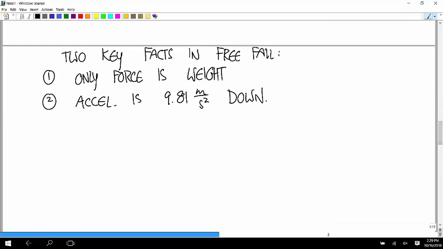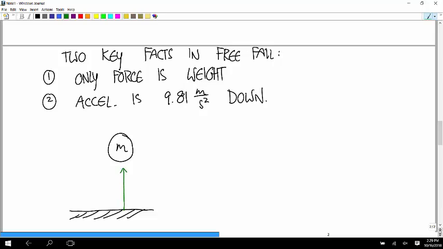Okay, so this is our object with mass m in free fall, and it doesn't matter whether it's being shot out of a cannon or falling straight down or being shot straight up into the air. As long as the only force on it is gravity, we know that the acceleration is 9.81 down. And I'm going to choose a coordinate system.